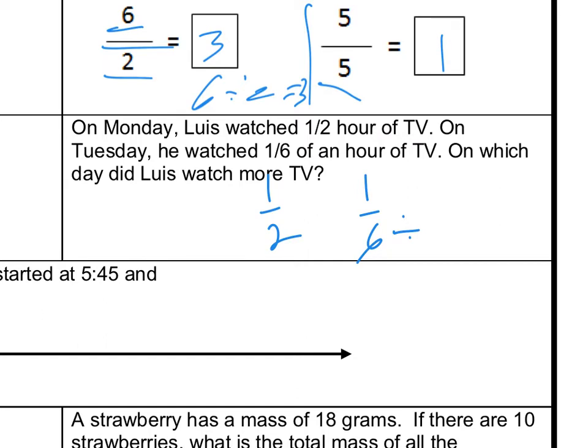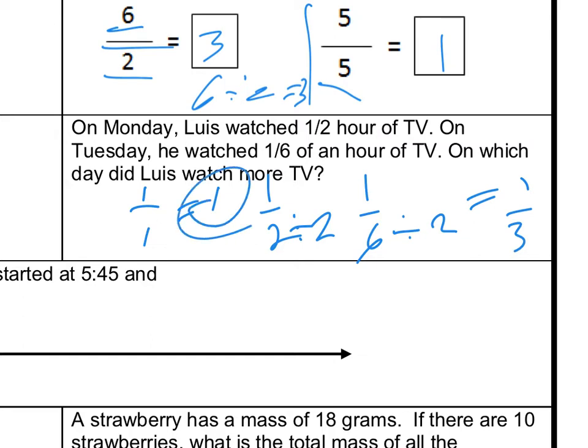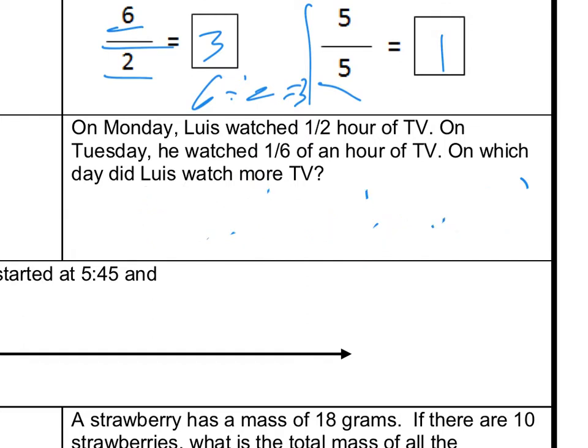So 2 divided by 2 equals 1. So that equals 1 whole. If you do this, that equals 1/3. Lewis watched more TV on Monday. So your answer would be Monday.